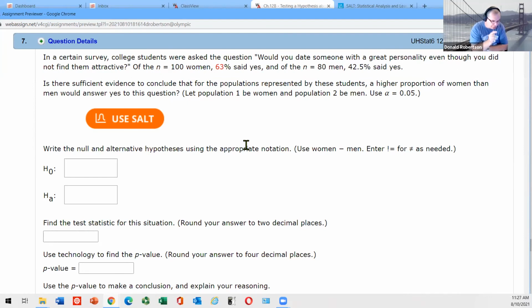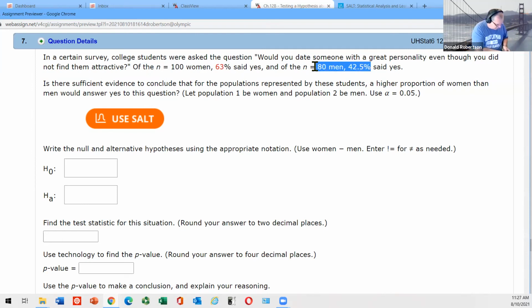But in order to use SALT, don't I need the X and the N? It's not going to be too difficult for the first one, the women. Would you agree that 63% of 100 ends up being 63 women? Right? So I'm writing that number down, that p1 hat is 63 over 100. I'll need that in a little while. Now, the men are 42.5% of 80.